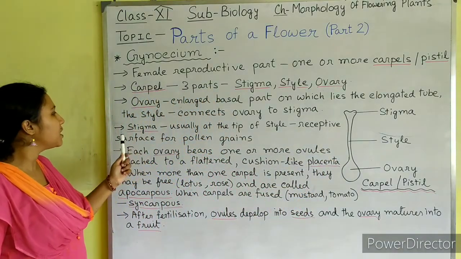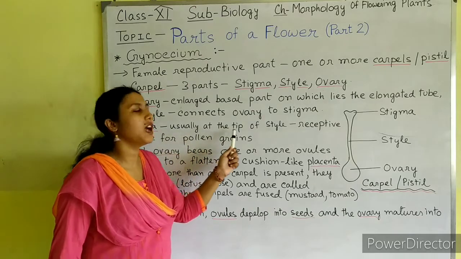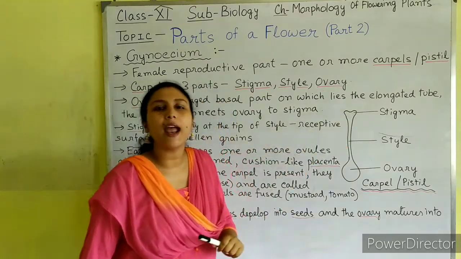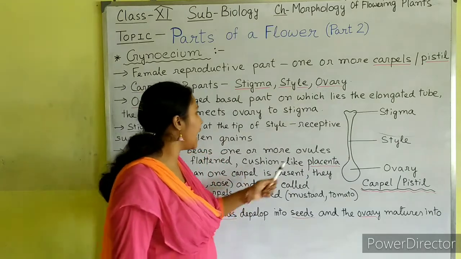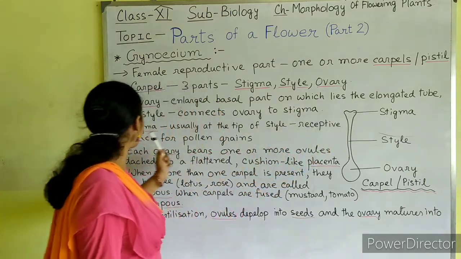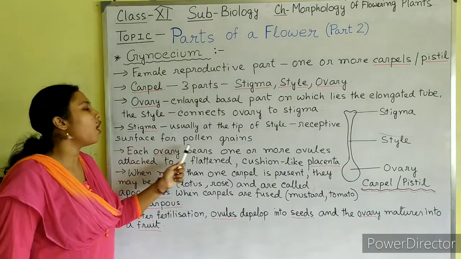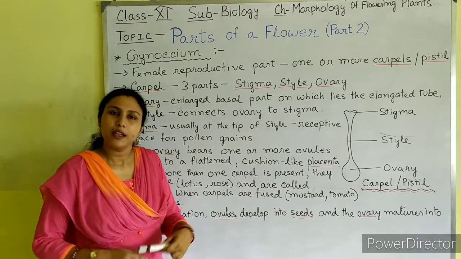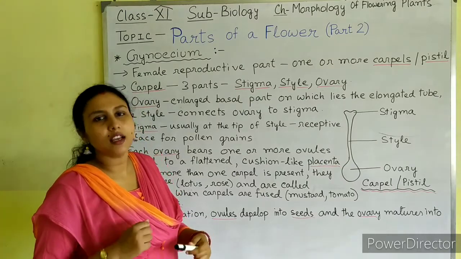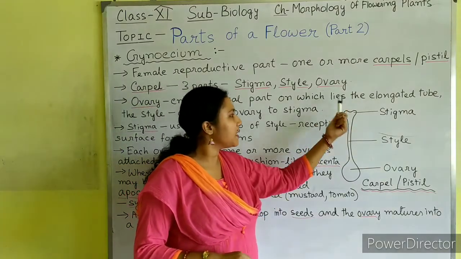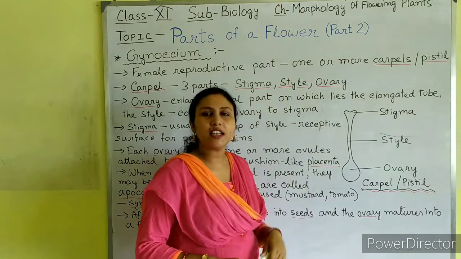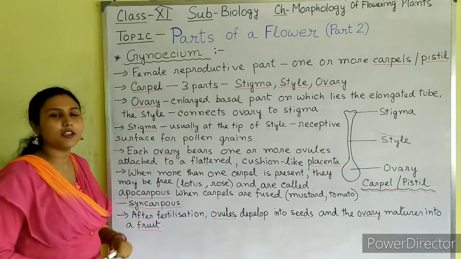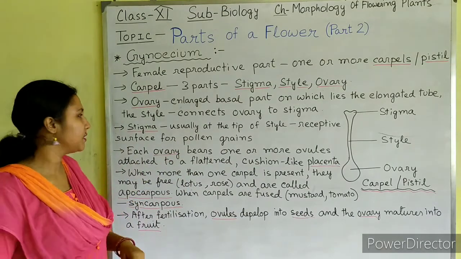Next, the stigma. The stigma is usually at the tip of the style, and it is the receptive surface for pollen grains, because the pollen grains from the anthers of the stamens come and stick onto this stigma. So the stigma serves as the receptive surface for pollen grains.